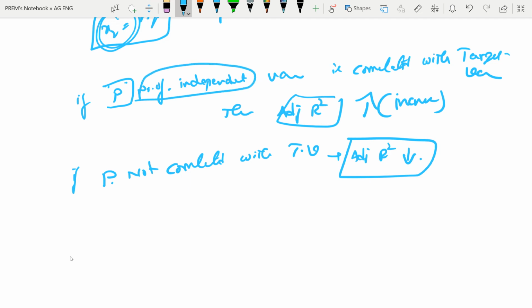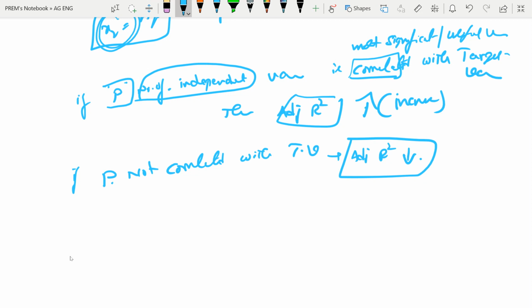So if we add more independent variables to the data set, and the newly added independent variables are correlated, meaning they are the most significant or most useful variables for the target variable, then adjusted R square will be increasing.